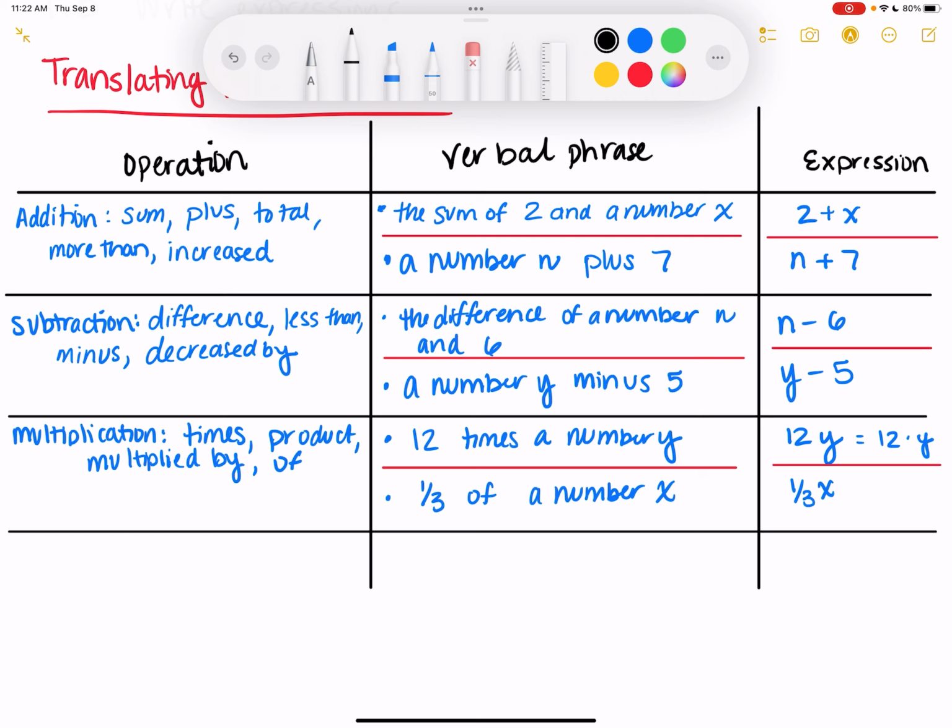And then the last one is going to be division. There's only one example of this one, but the words that should make you think division are quotient, divided by, or divided into.